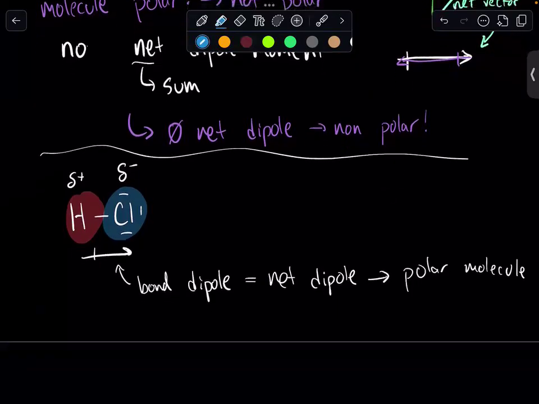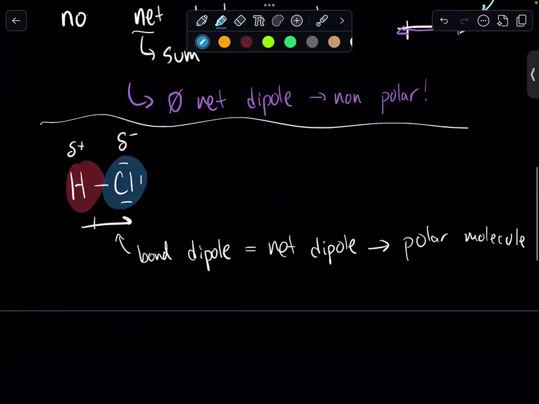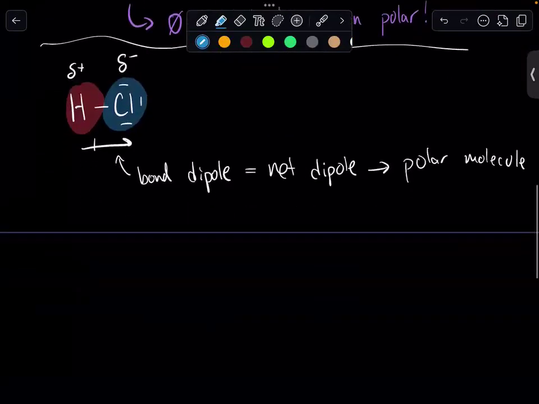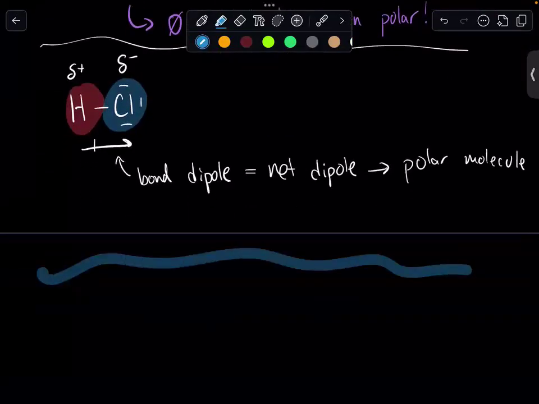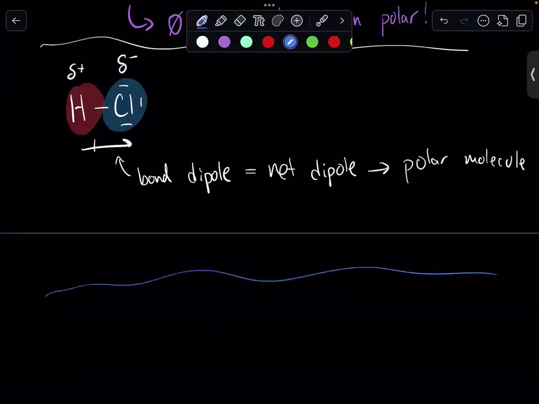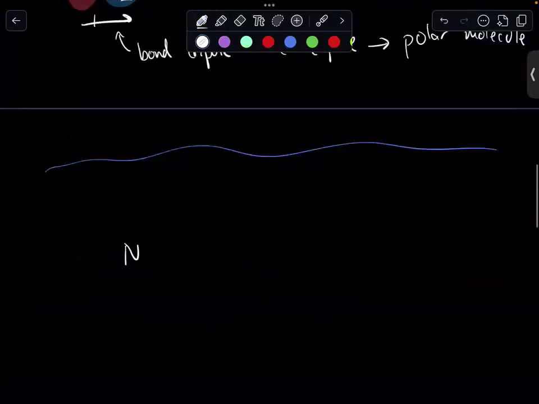Now, we can always take molecules and add dipoles to figure out whether they are polar or not. So let's go ahead and look at a different example. Let's look at ammonia, NH3.